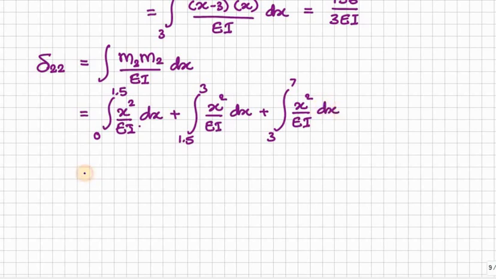Everything is the same. So this is equal to 114.33 divided by EI.